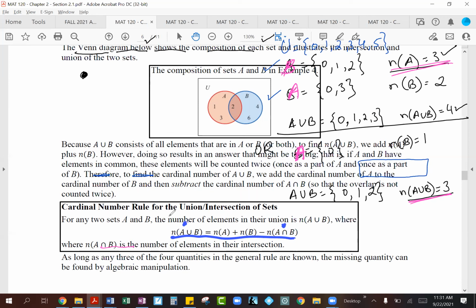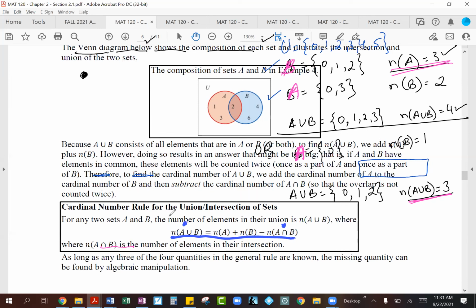And then using that, you should be able to calculate what this guy should be. So cardinal number for A is X, added with cardinal number of B is Y, and then you are subtracting the cardinal number of A union B, which is going to be Z.